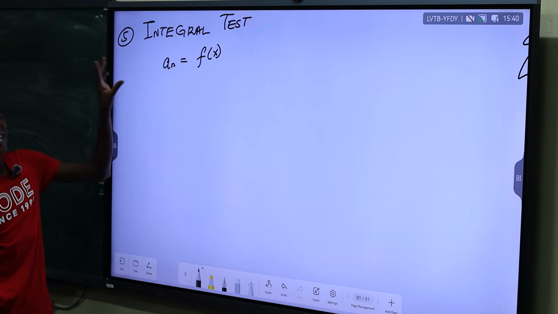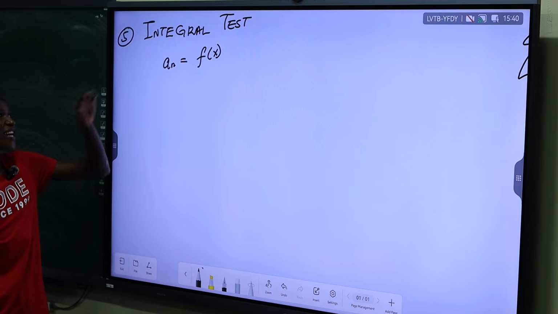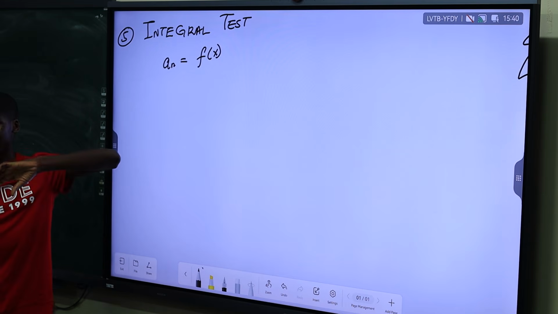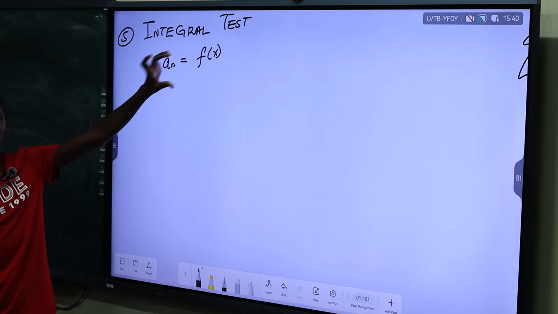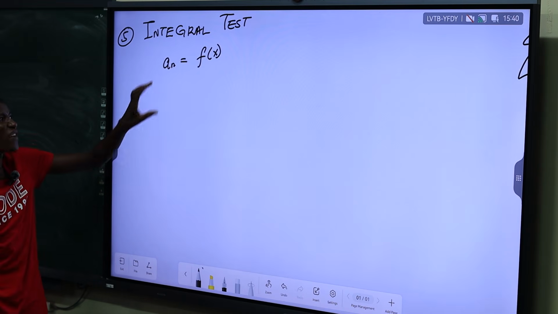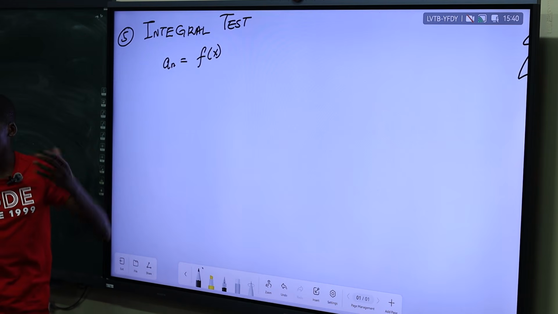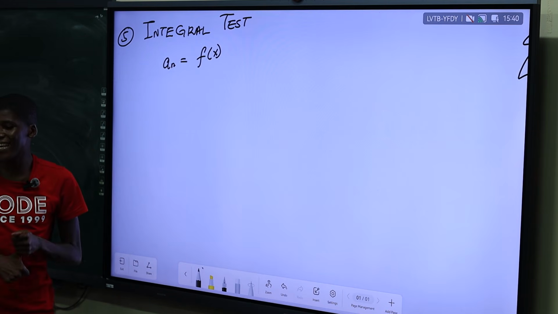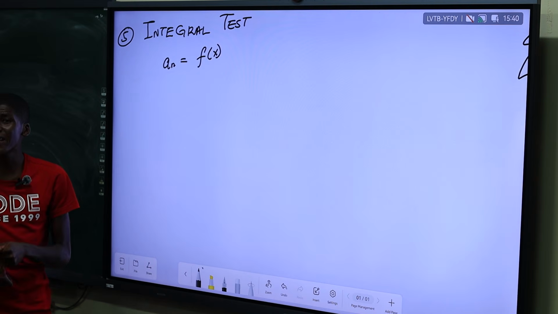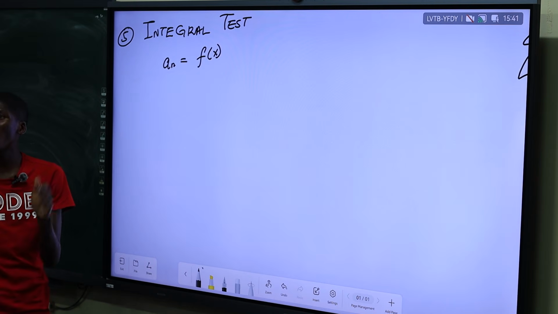So if you are given your aN and you want to try to use the integral test, you can treat your aN as a function. Once you see that aN is an expression that is easy to integrate, then you can easily do it, because the integral test can give you either a convergence or a divergence, both of them.